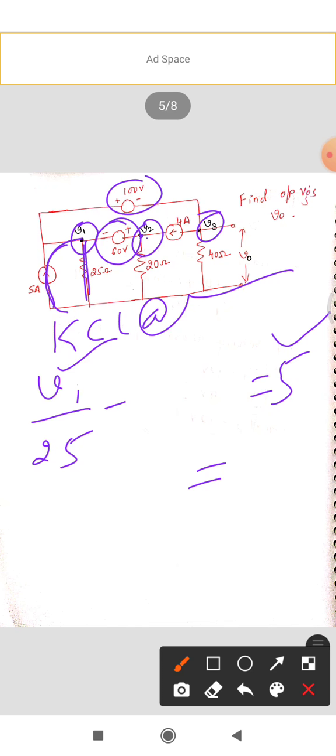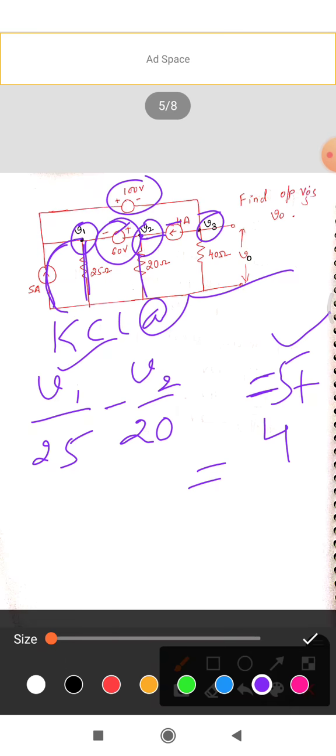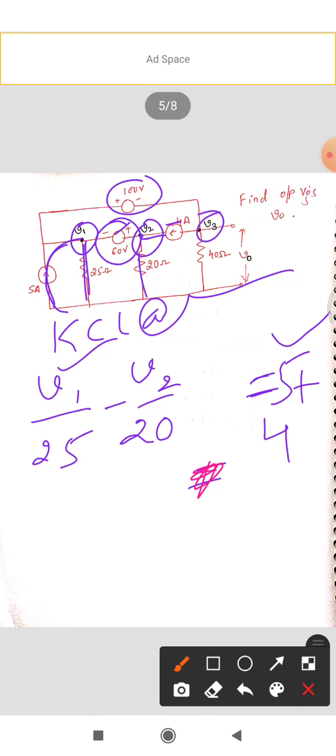At V2, how many branches are there? 1 and 2, leaving this voltage source. Therefore it will be V2 divided by 20 ohm resistance, and you have an independent current source entering V2, so it should be plus 4. So don't consider this right now. 5 plus 4 is on the right hand side.